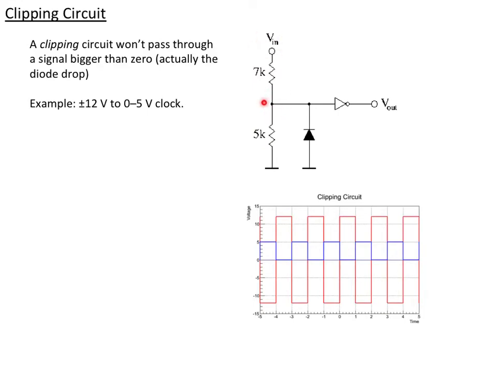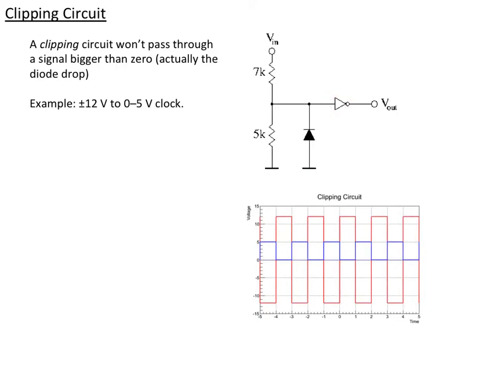So this point would go from -5 to +5, except that if it wanted to go to -5, then current would flow here, and we get rid of this point. And so this point would be near to 0, or actually a diode drop below ground. So it would be minus 0.7 volts for a silicon diode.